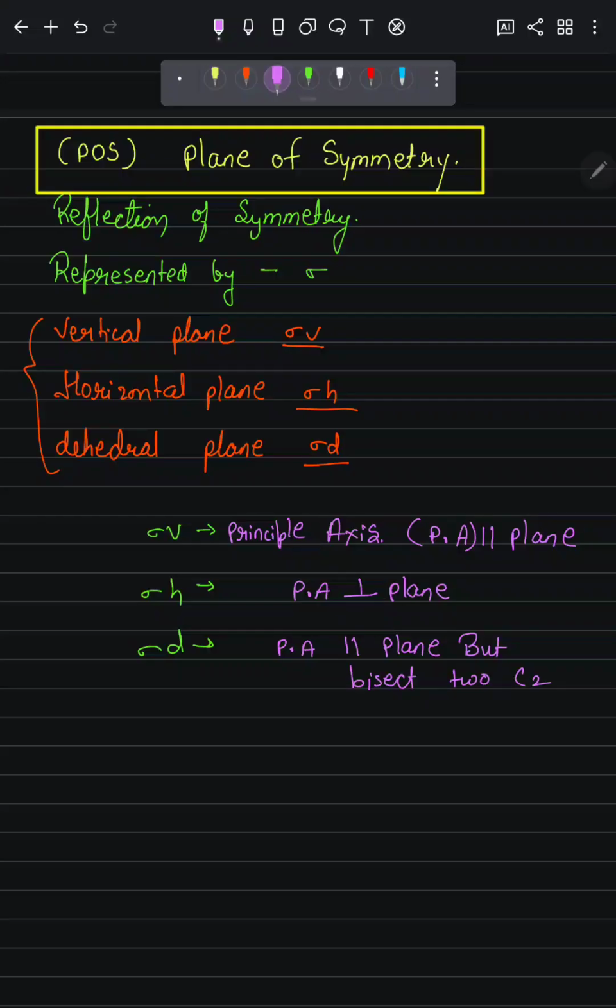And in sigma d, the principal axis is parallel to the plane but bisects two C2s. What it means is, if we put a plane, then two C2s must be followed.